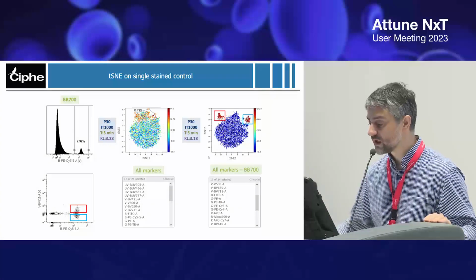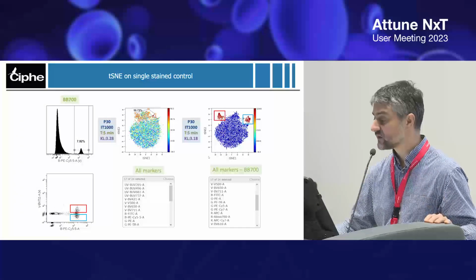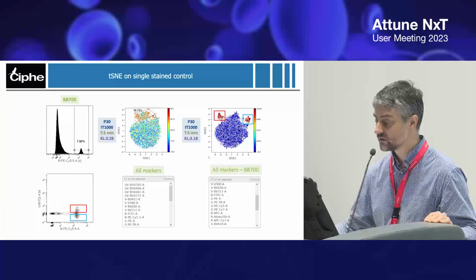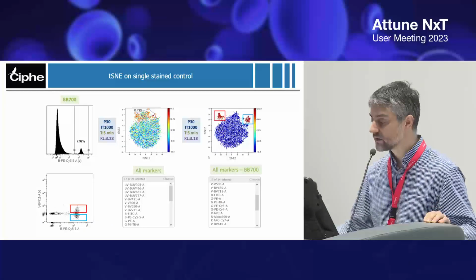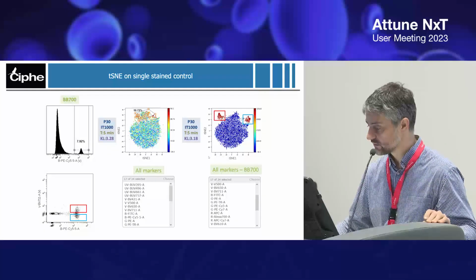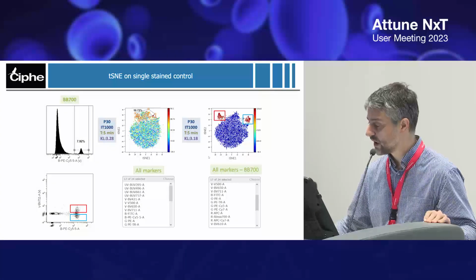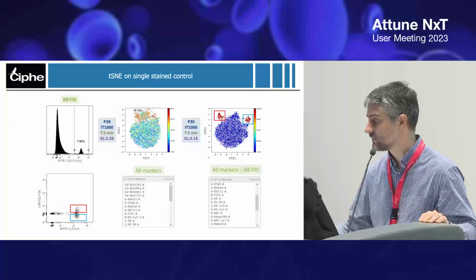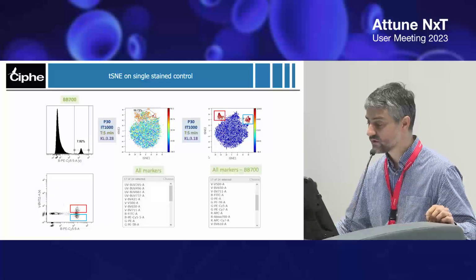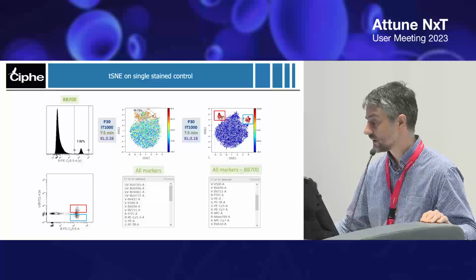If you do a single staining in this dye, BB700, and you do t-SNE, dimensionality reduction, and you only use this parameter, omitting some other channels, what you might find out is, when I use all markers, I get my nice population of single positives. But when I use everything but my markers, which you might do sometimes, for example if it's a cytokine or an activation marker you don't want to use in your dimensionality reduction, then we see these two clouds here.